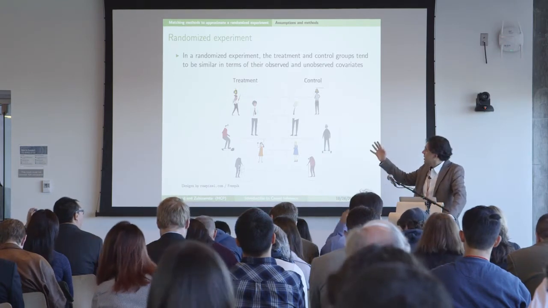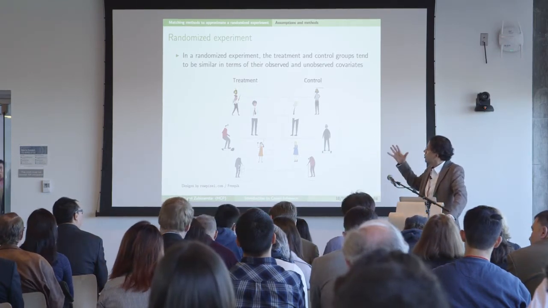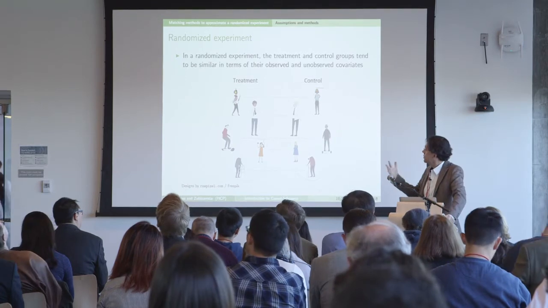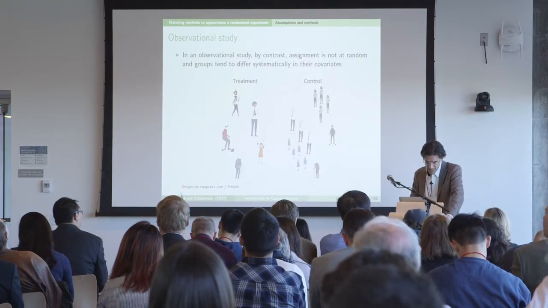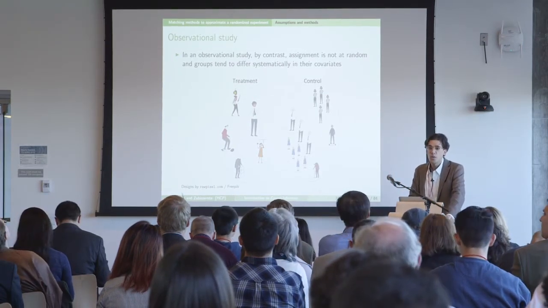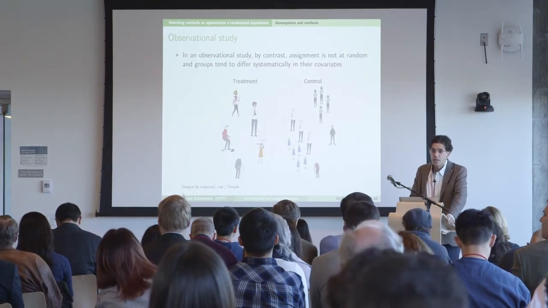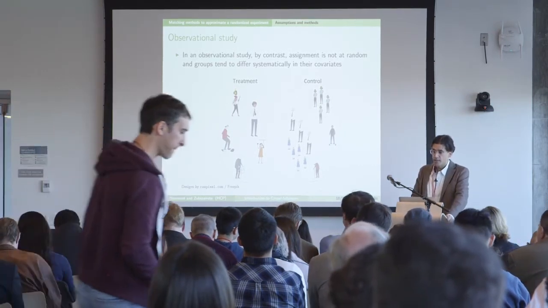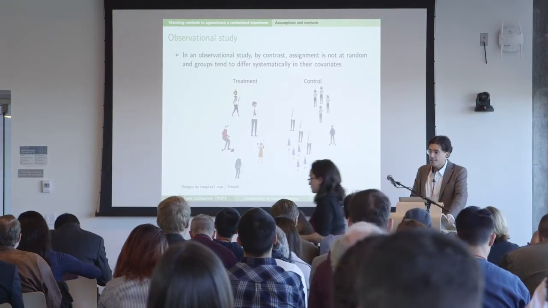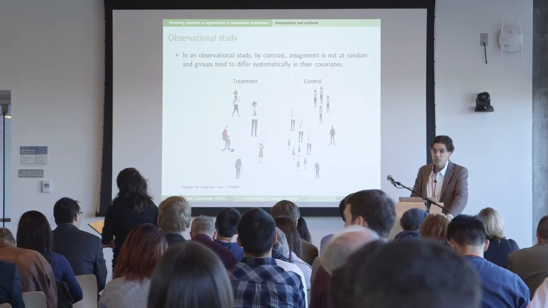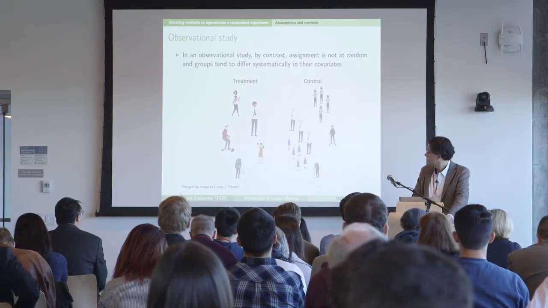Well, in a randomized experiment, the treatment and control groups are similar in terms of their observed and unobserved covariates. Sadly, in an observational study, which is most of the time, they're not. So we need to adjust for covariates. And perhaps the simplest and most transparent way of adjusting for covariates is by doing pair matching.